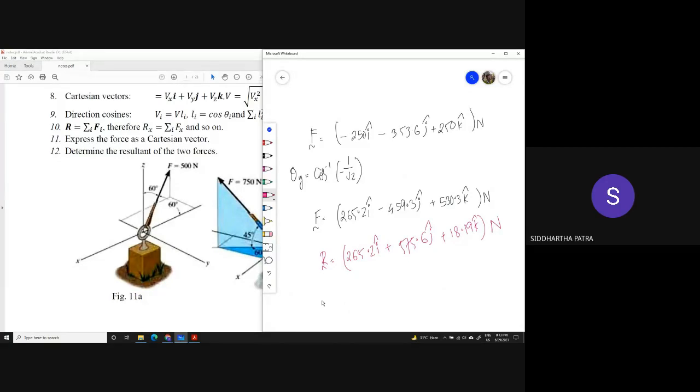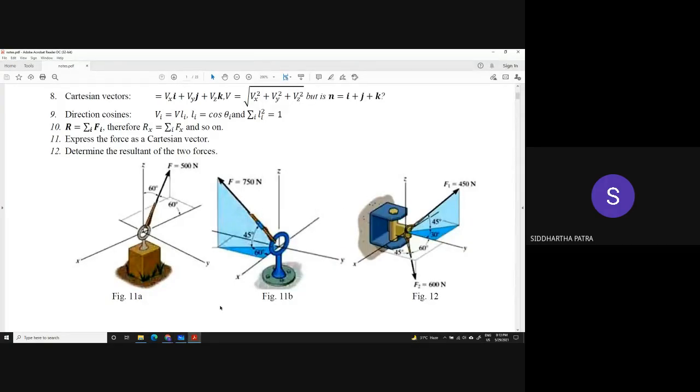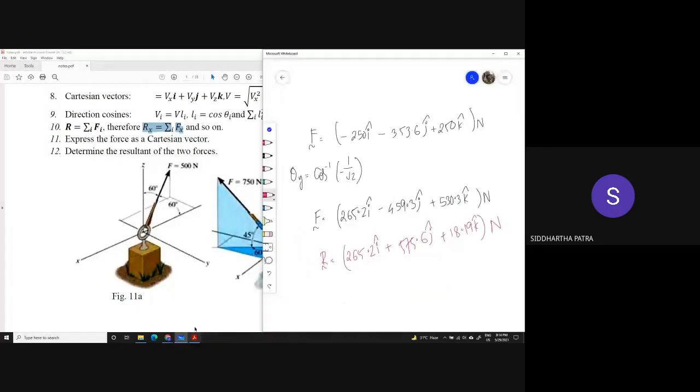But this particular equation that you see right here shows that we can simply add the components to get the components of the resultant. As a challenge, you can try on your own to prove this graphically.